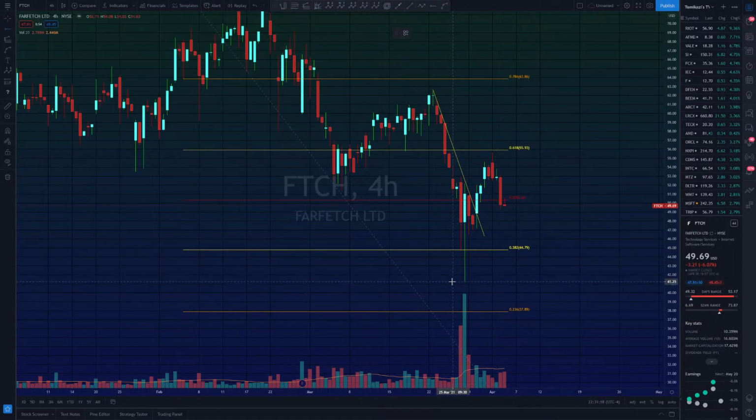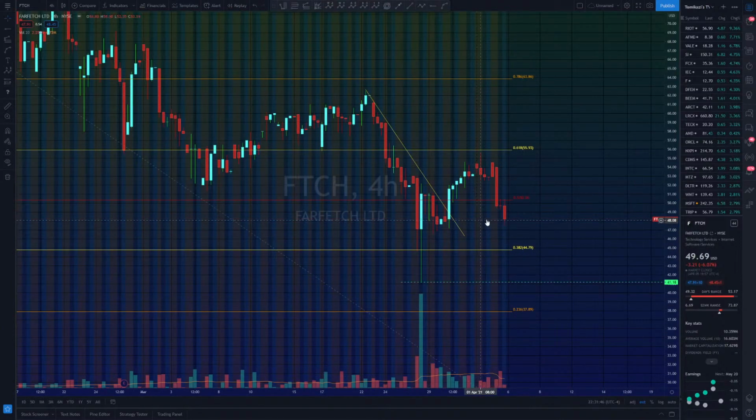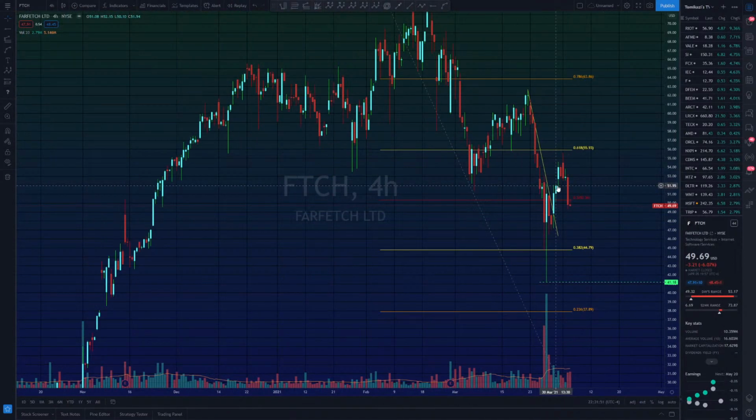I wouldn't be surprised if it fulfills that wick. I would think puts on Fetch, with the share offerings they did that I told everyone they were going to do. They had a mammoth share offering, and I'm pretty sure it's getting killed after hours. 48.20, so it wicked down to 47 after hours. Yeah, this thing's going to get killed again.